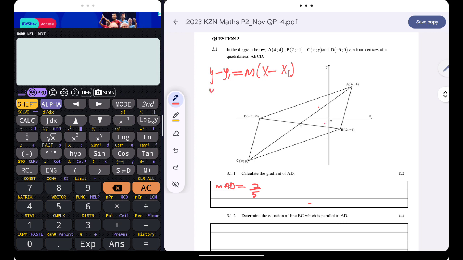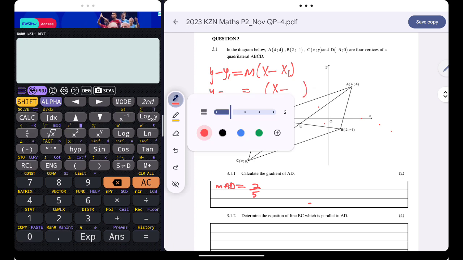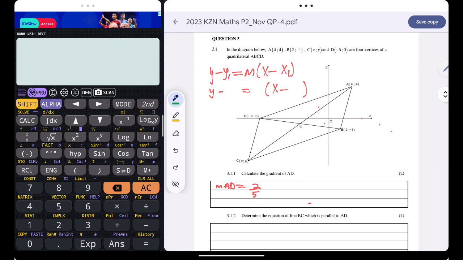In this case, both y1 and x1 represent the point on the line, and m is the gradient. I have a point there, the point of coordinate B. I know that the y value is -1 and the x value is 2.